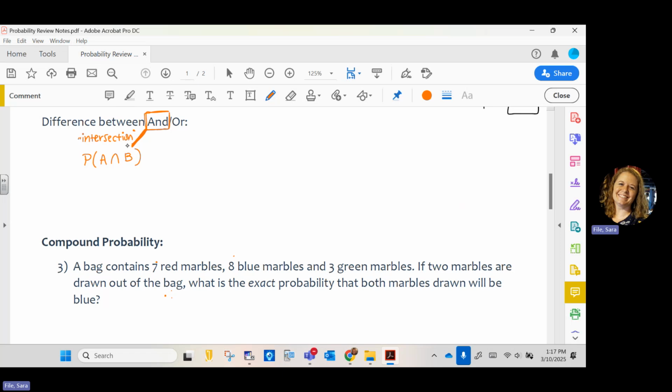You'd be looking for the probability of events A and B intersecting or overlapping, where they're both happening. So this is read as the probability of A and B.